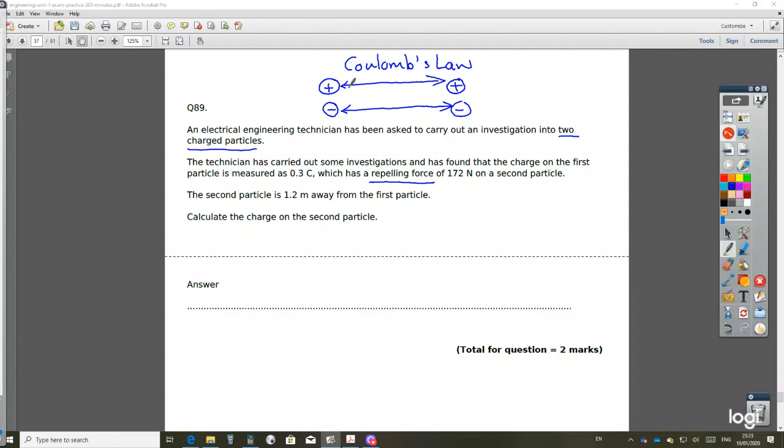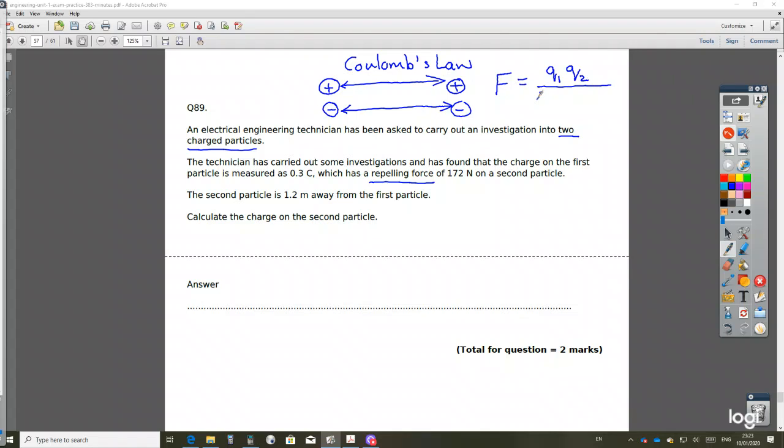This is the law which analyzes the force acting between each particle. So Coulomb's law: force is given by the magnitude of the charges, Q1 and Q2. In A-level physics, we use capital Q instead of lower case q.